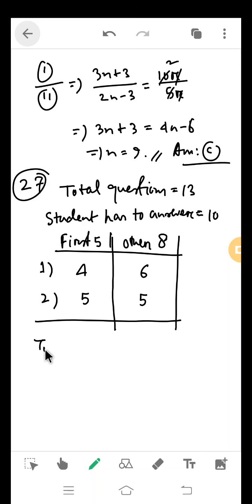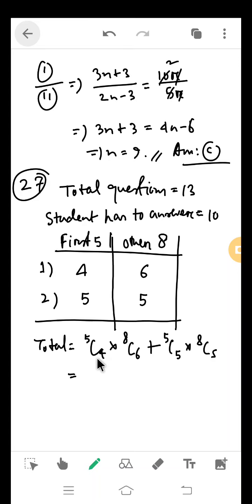So to tell, you can find out how many ways. You are selecting 4 out of 5 in the first, then 6 out of 8. Then next, selecting 5 out of 5, and then 5 out of 8.